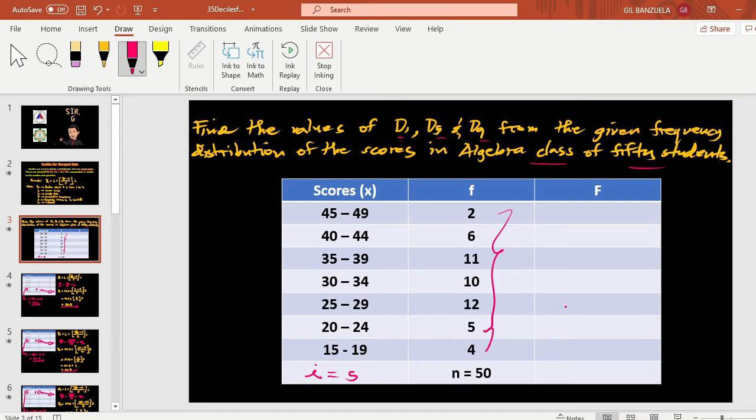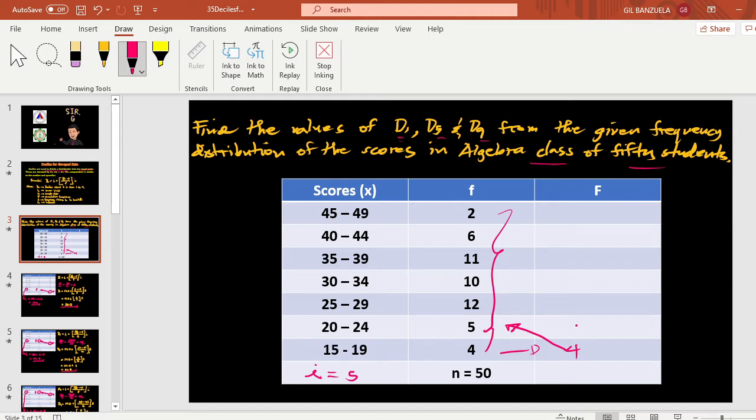Alright, and we're going to deal with the cumulative frequency. Again, we simply copy the first value, or the least value, on the frequency. Then let's look at the left side one step higher, then take the sum of those numbers.